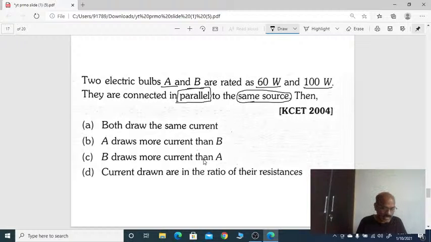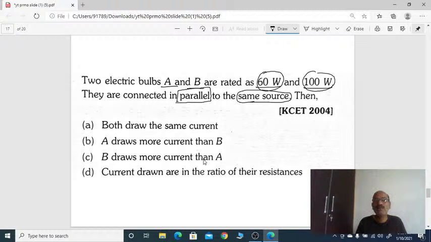See the question clearly first. Two bulbs, look at the power rating. A is 60 watt, B is 100 watt. They are connected in parallel to the same source. Now choose it. Yes, have a try now, Bikram. No, think about it.